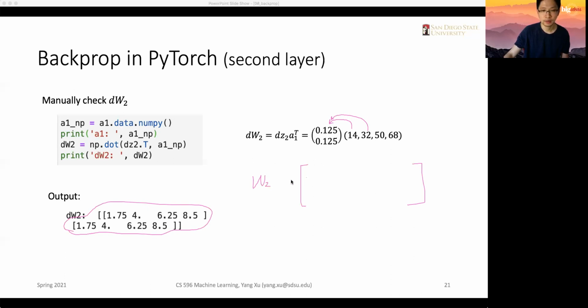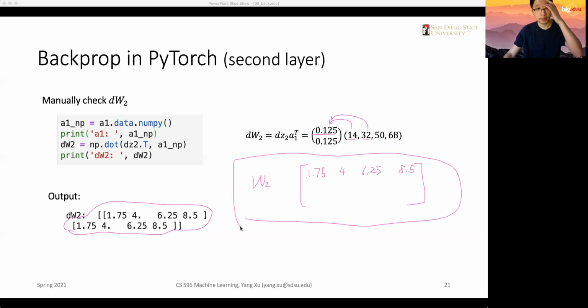The 1.75 is the result of 14 times 0.125, and 32 times 0.5 would be 4, which would be here. The 6.25 would be here, and the 8.5 would be here. So that is how dw is computed.